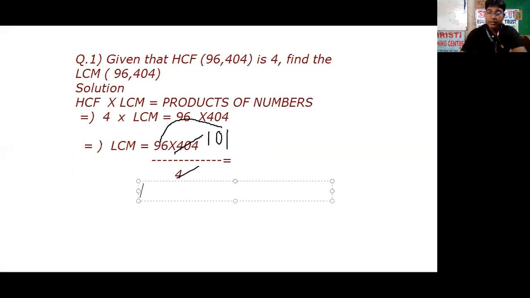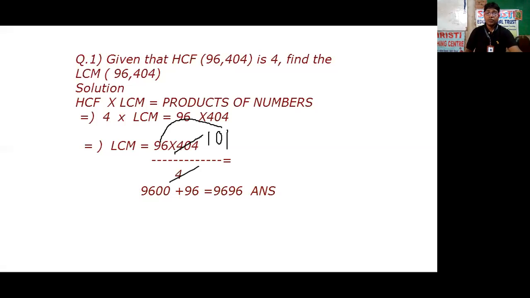When you multiply, it becomes 9600 plus 96. So the answer would be 9696. This is your final answer. This is the value of the LCM.